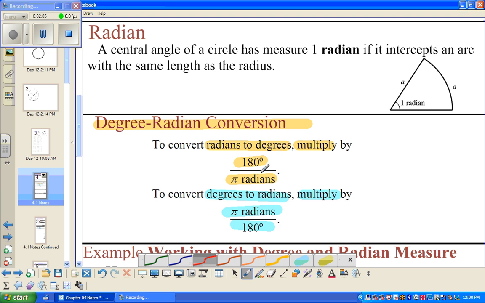Once you get to degrees, generally you don't have the number pi in your answer, and vice versa for going from degrees to radians. You would multiply by pi over 180, and that would give you pi in your answer. Just one way to remember that.